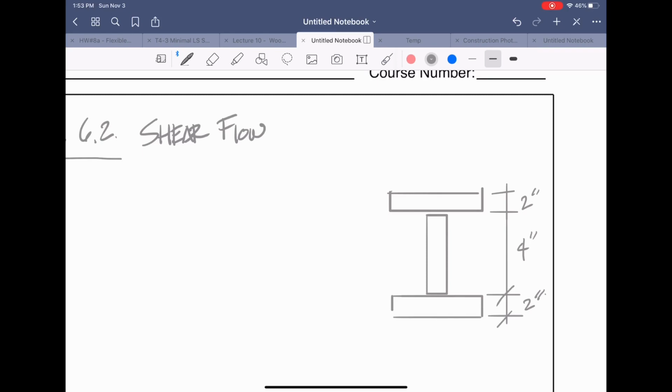I'm going to draw this in 3D to give you an idea. So looking a little messy, but I think you get the idea.